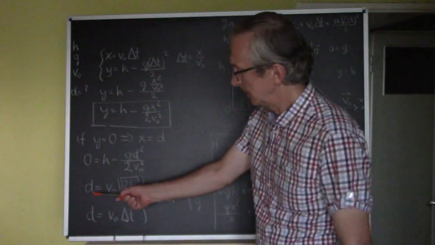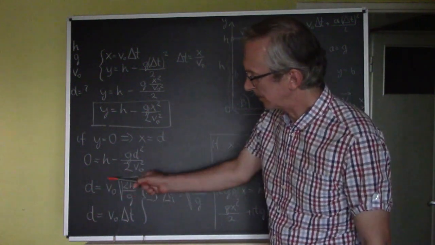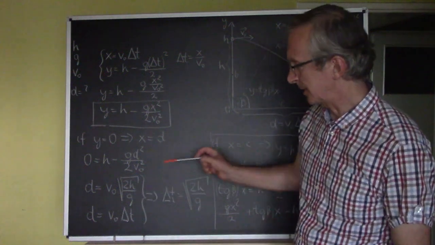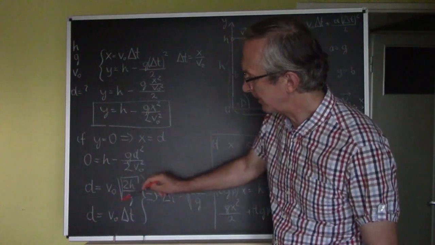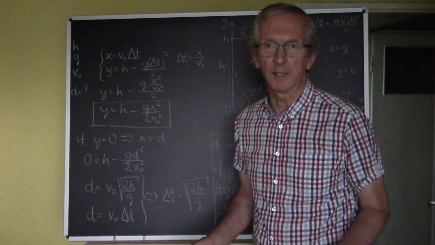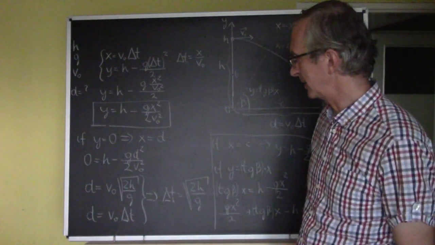We calculated this distance here, and comparing these two equations, we see that delta t is equal to this square root. So we calculated also the time of the motion of this body.